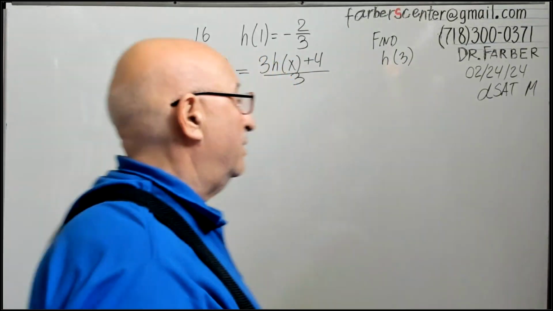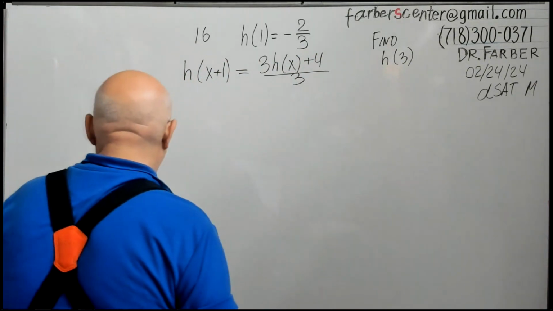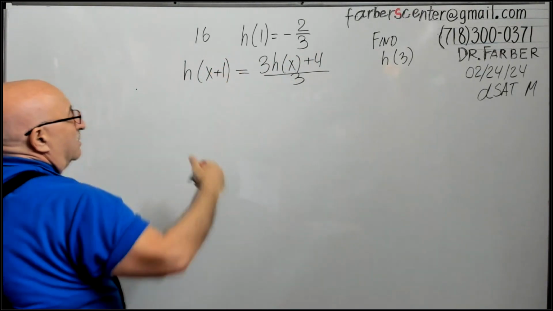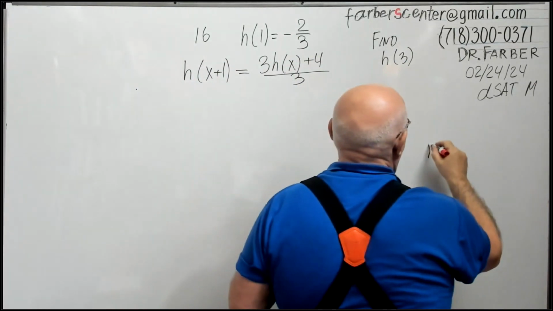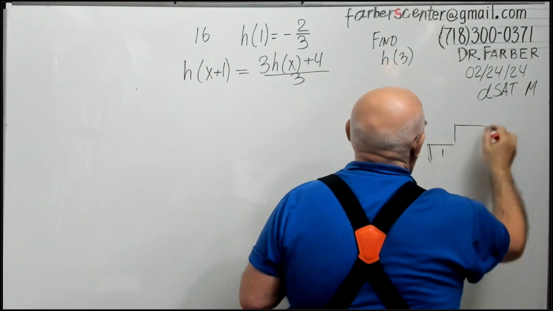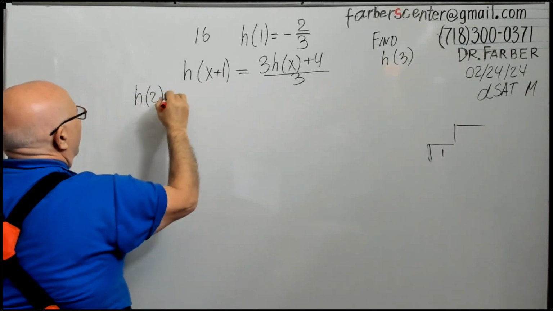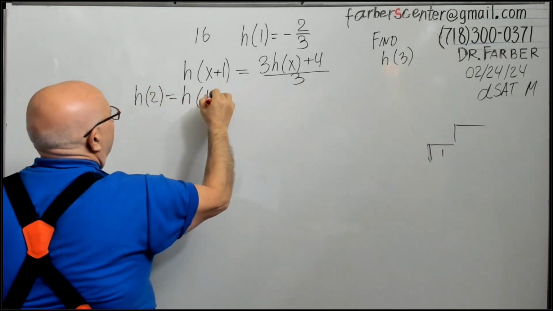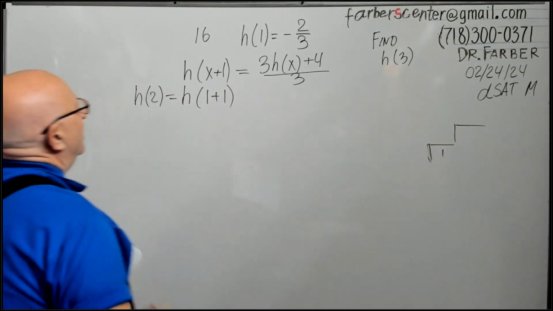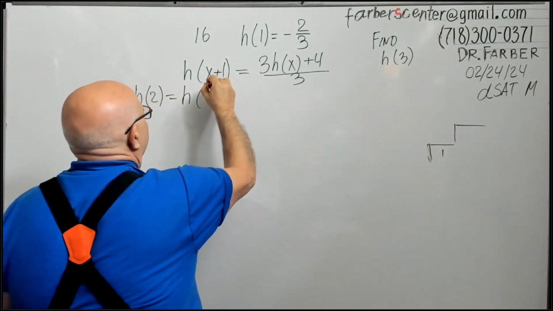I will show in detail how this goes. For instance, I have h of 1, the first step. I want to build the second, h of 2. What is h of 2? It's the same as h of 1 plus 1, where x equals 1.